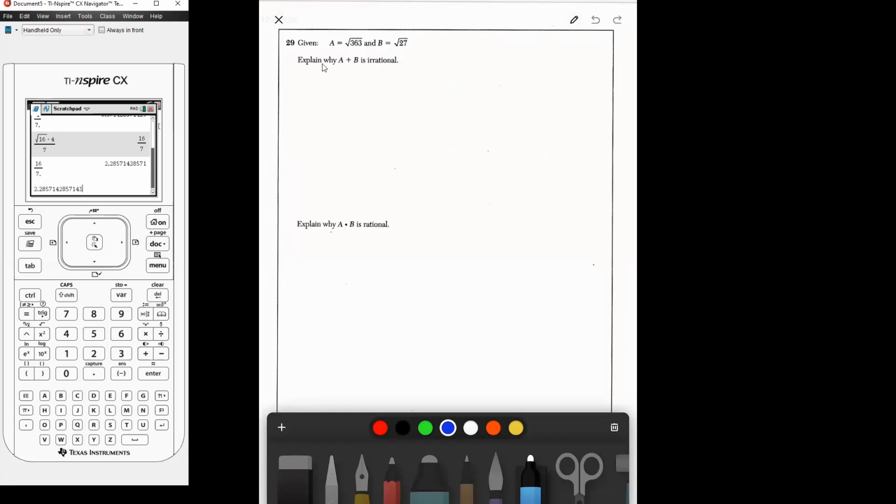All right, so if you look at this, they give us two numbers, square root of 363 and square root of 27. So what we're going to do is look at each one of those numbers and see if they are rational or irrational. So I'm just going to put the square root of 363, and then press enter. Now, I'm going to look at this number a little bit more closely and see if it's repeating.